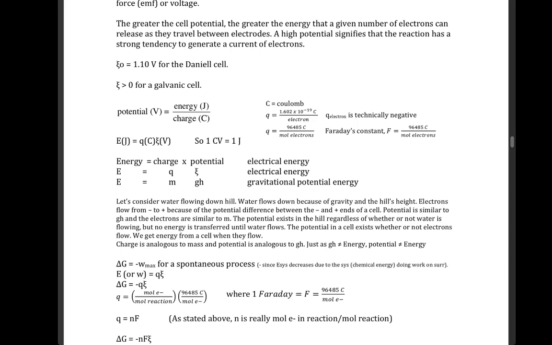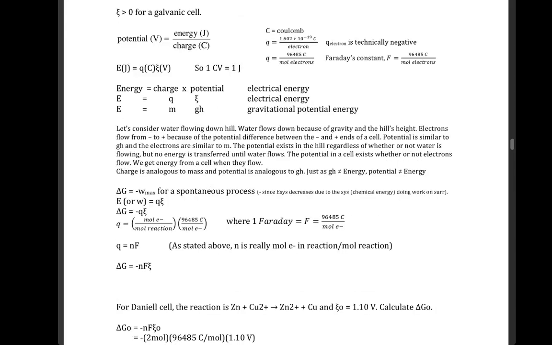Okay, so potential and energy are different. They're very related, but they're different. Just as energy and gh are related, but without that body of water flowing, we get no energy from that waterfall. Okay, so we have to keep that in mind as we go on.